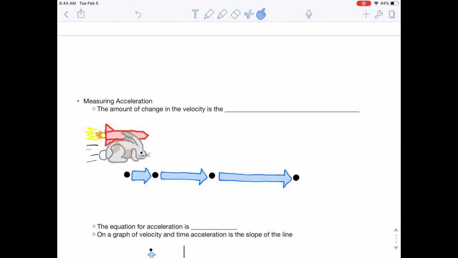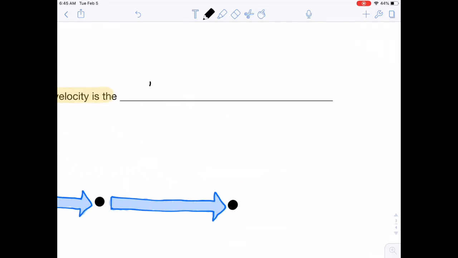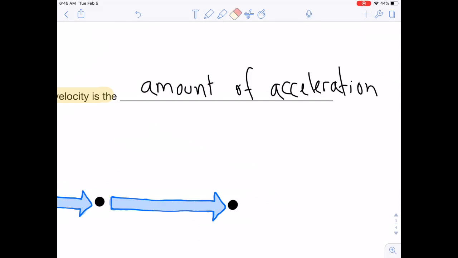And when we want to measure acceleration, the amount of change in velocity is the amount of acceleration. Let's use a little better science word here. Instead of saying amount, we'll use precise academic language and we'll say magnitude.